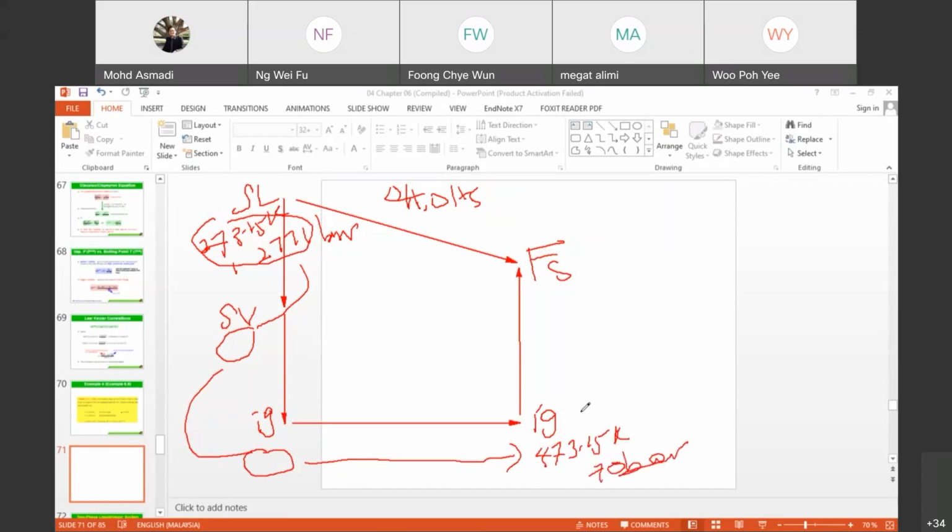And from ideal gas to the final state, the same condition. So meaning that you have how many parts? 1, 2, 3, 4. A, B, C, and D. This one A, B, C, and D.